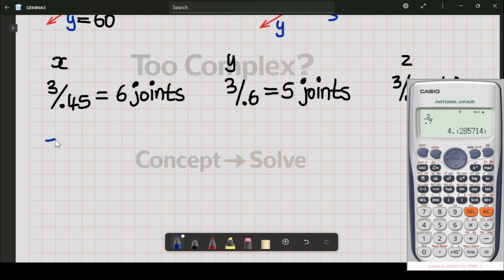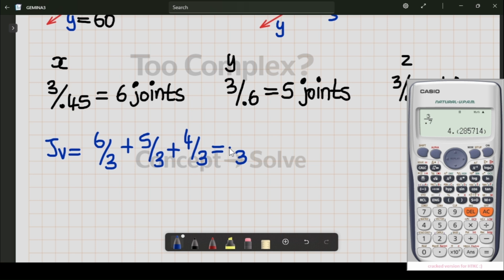To get J sub V, we then say J sub V equals 6 joints over 3 meters plus 5 joints over 3 meters plus 4 joints over 3 meters. This is a common denominator, 3. Just add numerators there, you will get 6 plus 4, 10 plus 5, that's 15, and this divided by that, this gives you 5 joints per cubic meter.